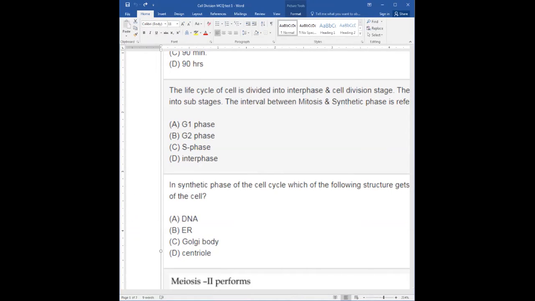Remember, very very important. Otherwise you may think, sir, G2 phase is also right, because that also comes between synthetic phase and mitosis. But if they were talking about G2 phase, rather than saying mitosis and synthetic phase, they would have said synthetic phase and mitosis. So get that.